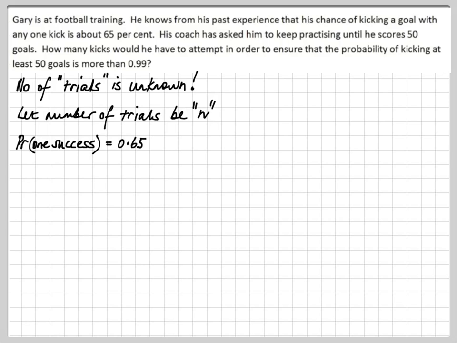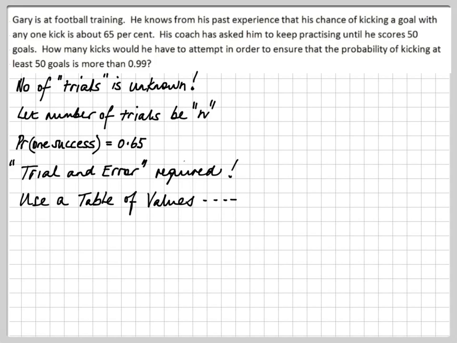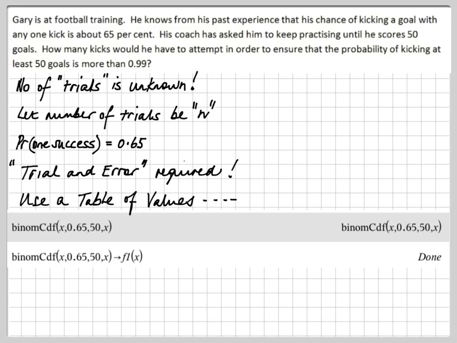It's the most systematic way of checking right down the list, for various values of n, what the cumulative probability would be. The probability of one success is 0.65, and we'll use a table of values. First, on your calculator screen, you type in the binomial cumulative distribution, and I've used x here instead of n. That'll be equally okay.